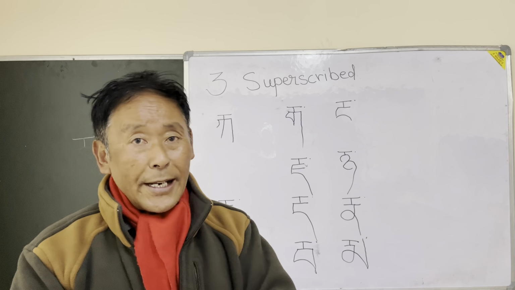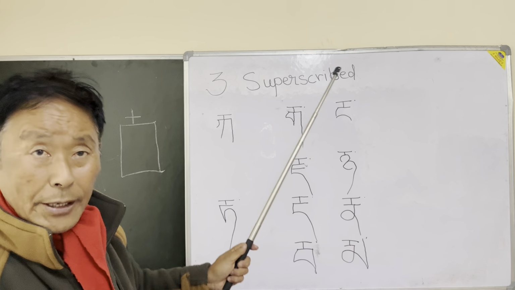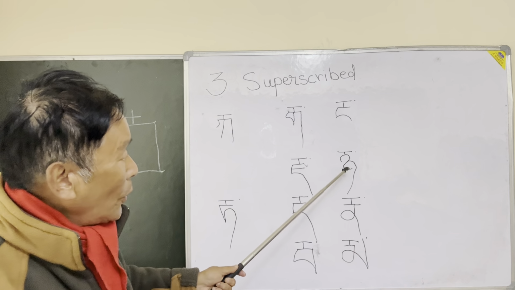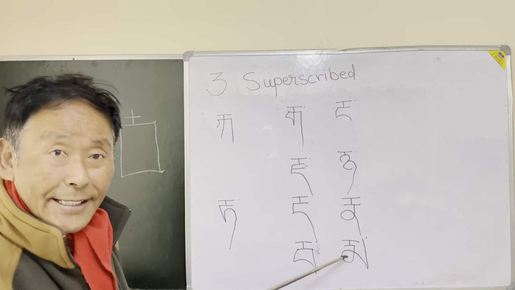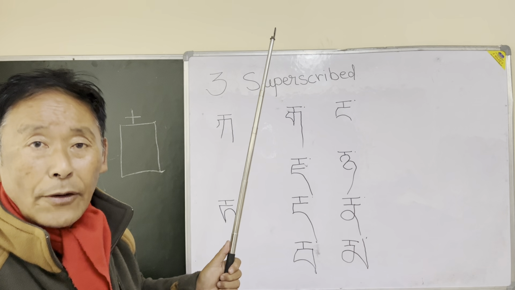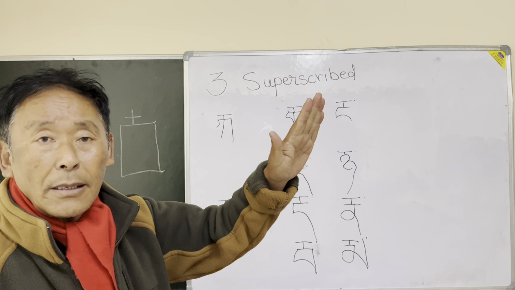I have come to find out that if a superscript is added on the consonants in the fourth row, it becomes high-pitched.